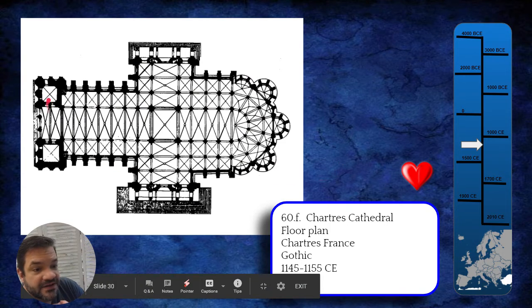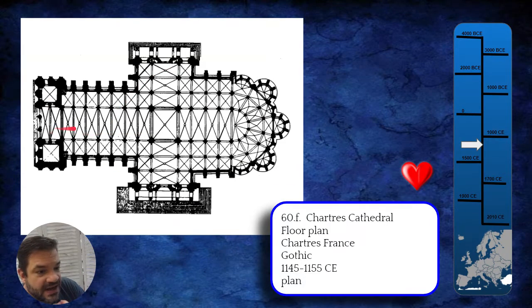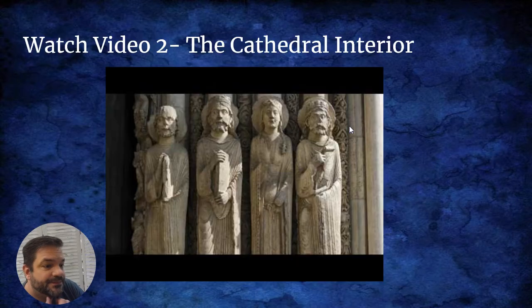And the floor plan, where we have the nave, the apse, the radiating chapels, the transept, the crossing, the choir, the side aisles, the ambulatory, the westwork, the narthex, all the parts of the cathedral.